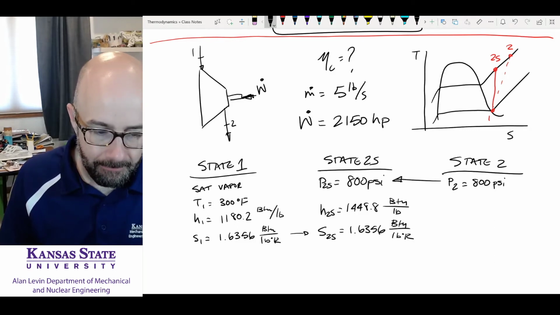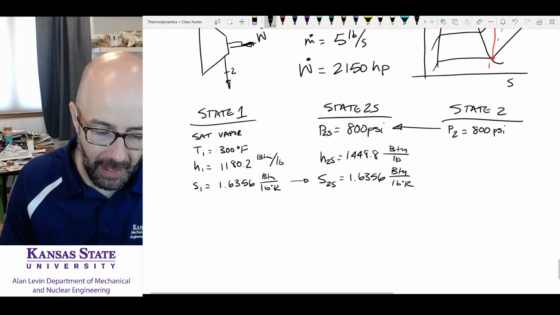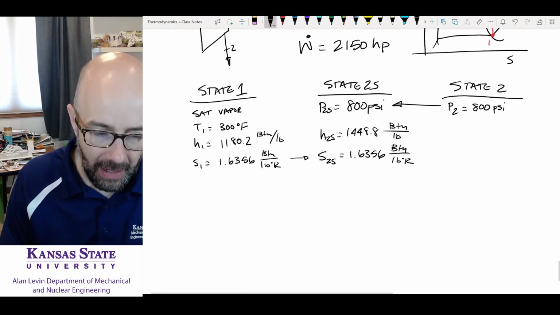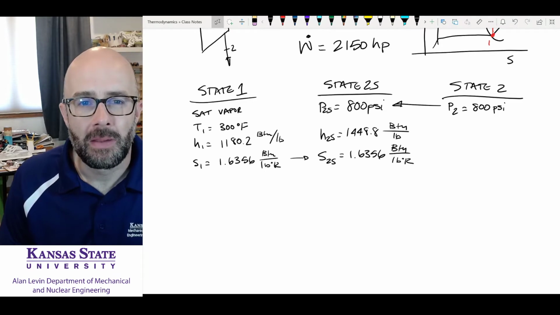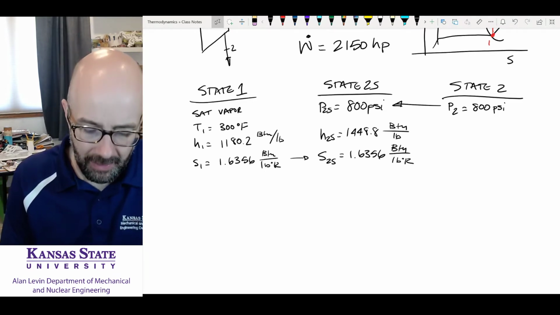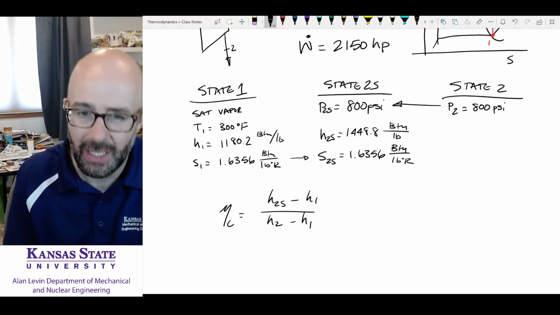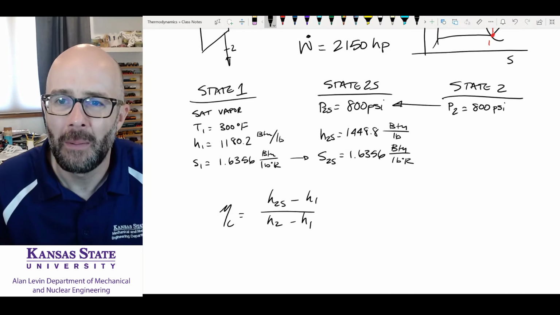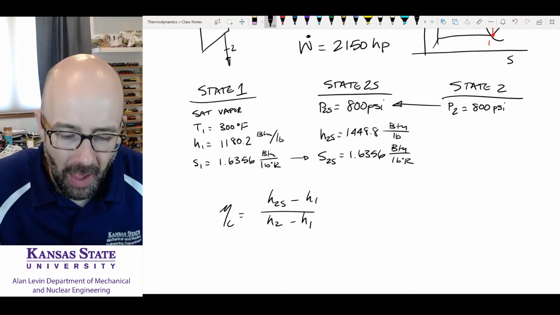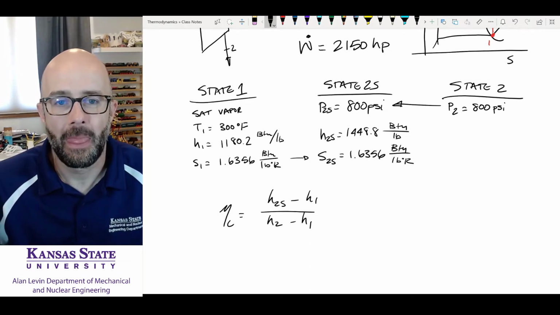Now, let's find the isentropic efficiency. I know that's equal to H2S minus H1 all over H2 minus H1. And you're saying, Dr. Winklin, I don't know what H2 is.